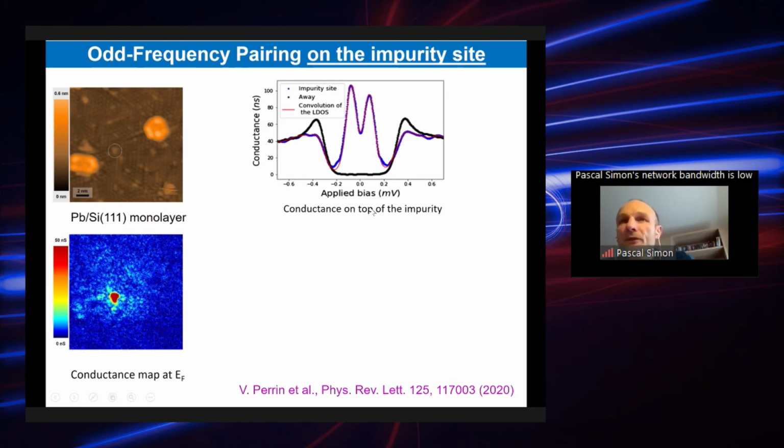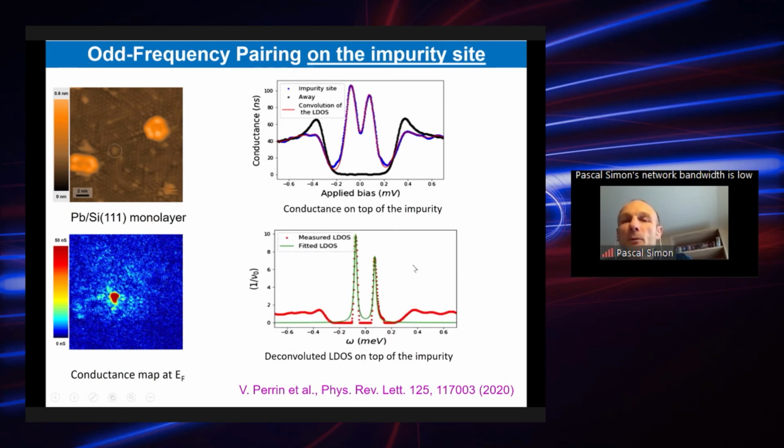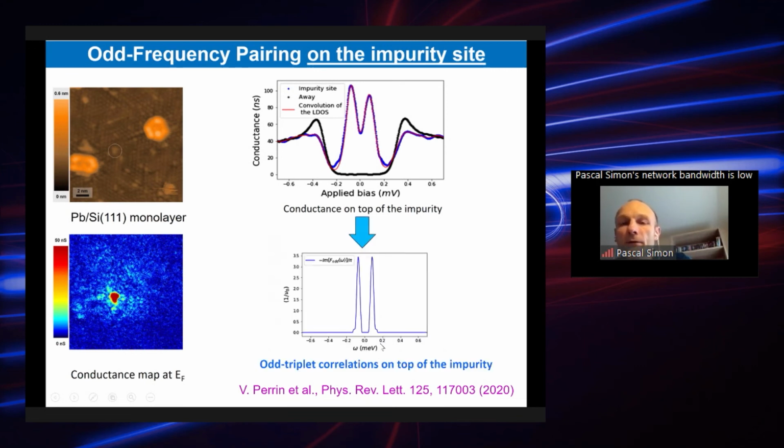So we use a recipe to extract the height of the peak, the width, all that, and from that you can fit them with two Lorentzians, which are the deconvoluted local density of states on top of the impurity. Then you can extract by this simple relation the odd frequency correlation function on top of the impurity.